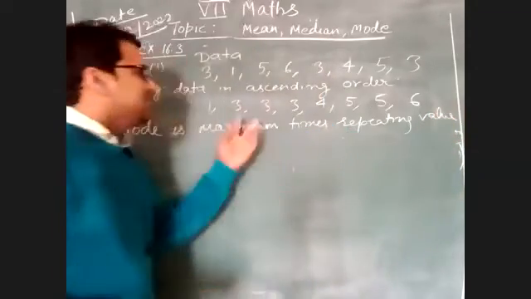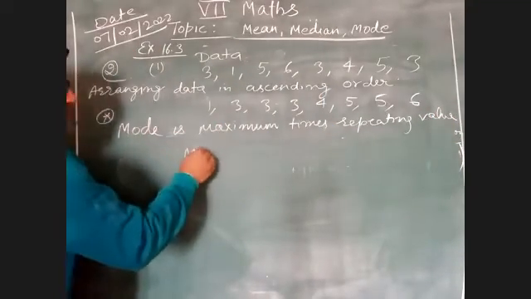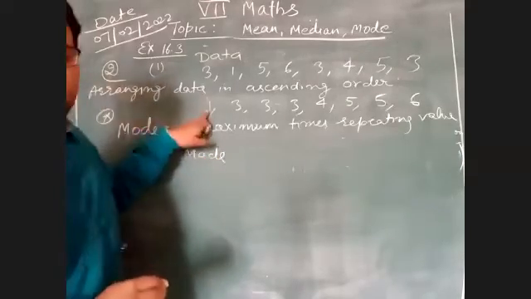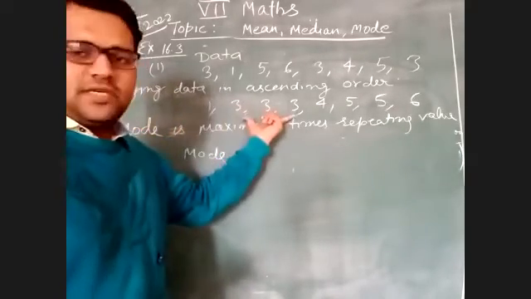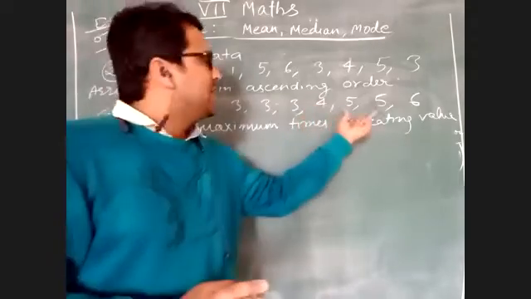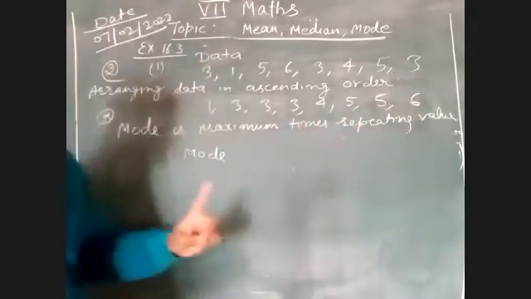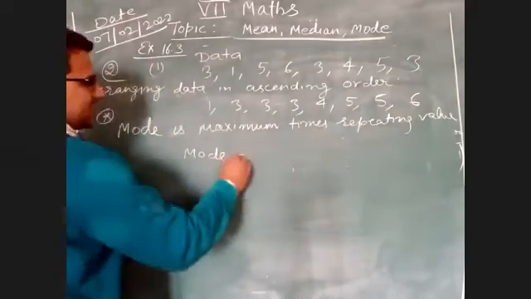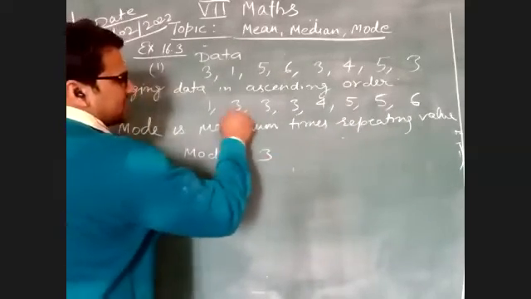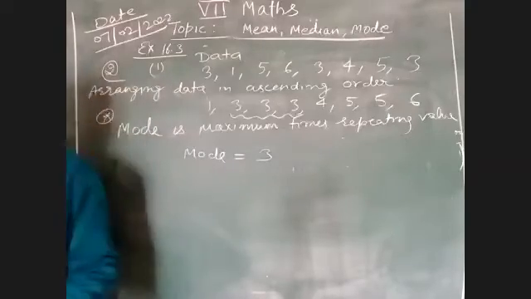The value that is repeating the maximum times will simply be the mode. For this question, 1 is repeating only one time, 3 is repeating 3 times, 4 is repeating only one time, 5 is repeating 2 times, and 6 is repeating only one time. So the mode of this data will become 3, because 3 is repeating 3 times, that is the maximum.